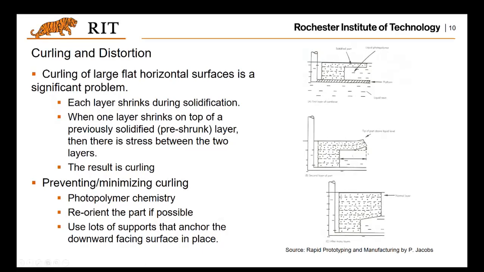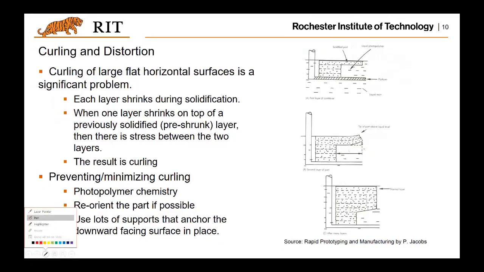Basically, there will be more shrinkage for the newly added layers compared to the original solidified layers, such that there will be a force pulling on these layers, and that results in the curling, like the one shown here.